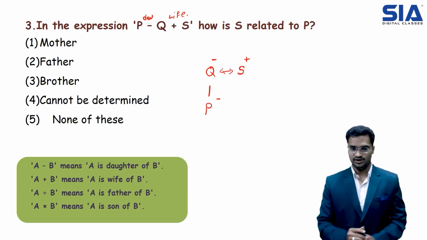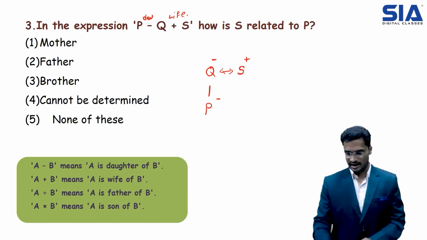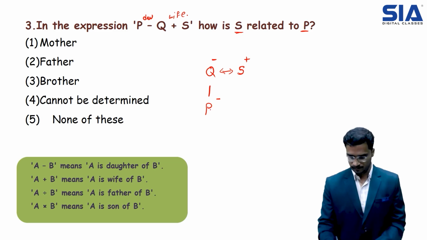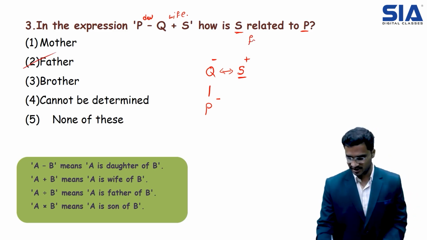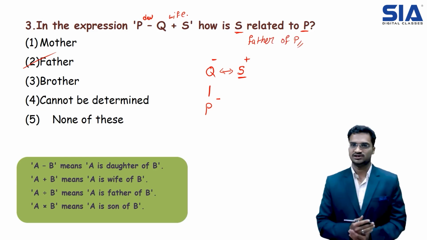Now what do I have to find? I have to find the relation of S with respect to P. So P's mother is Q and P's father is S. So the answer is father, because S is the father of P. So our answer is father, which is option 2.